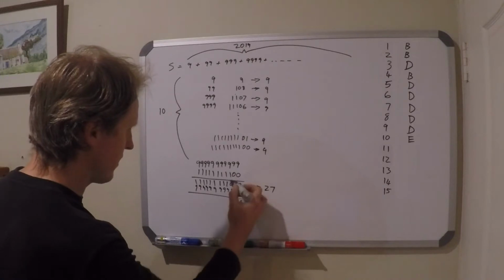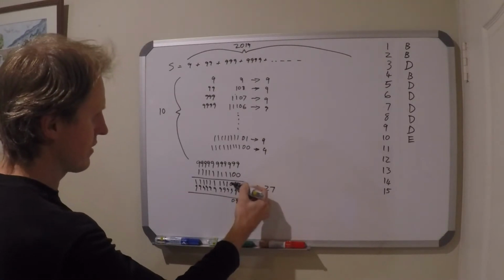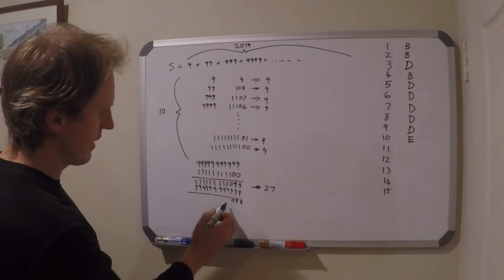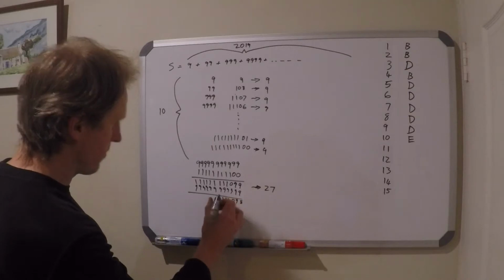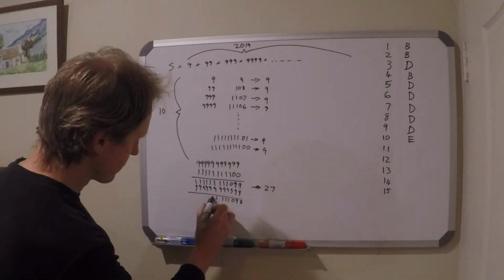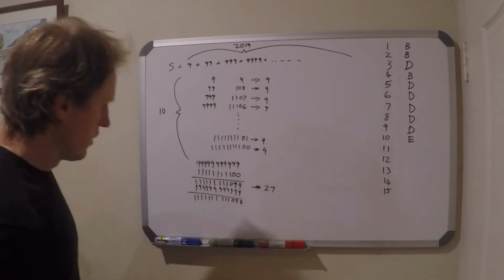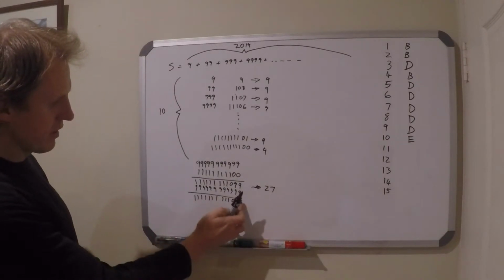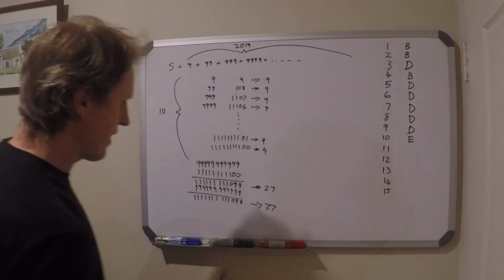It's going to be a 0, because of the carry, so the carry plus 0 plus 9 is 0, carry 1, and again this is going to now repeat the pattern. So the number is 1 digit longer, we have one less over here, so again this adds up to 27.